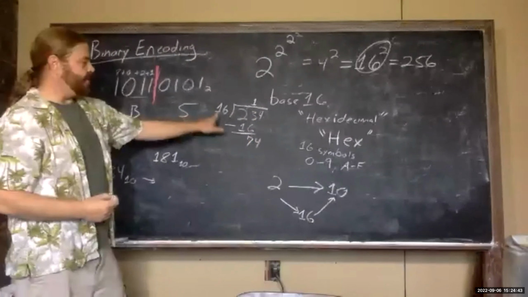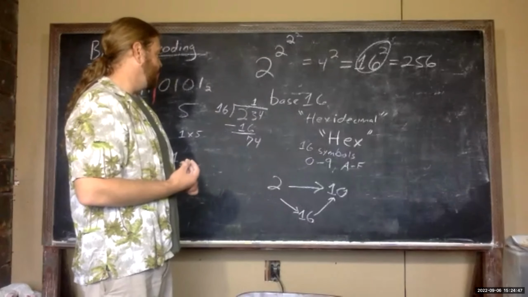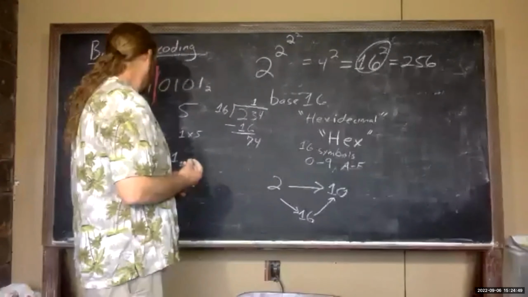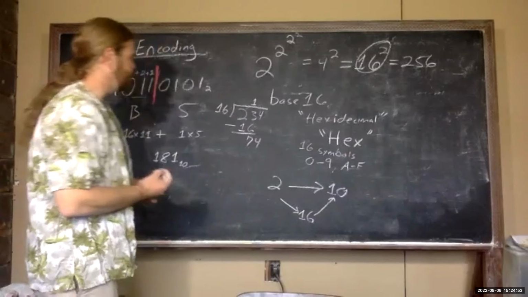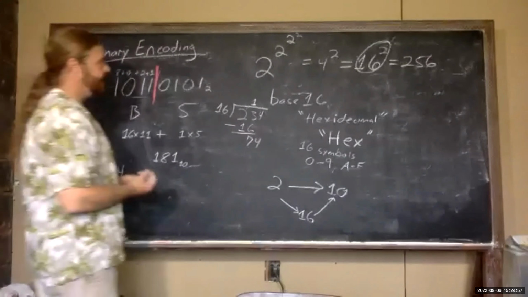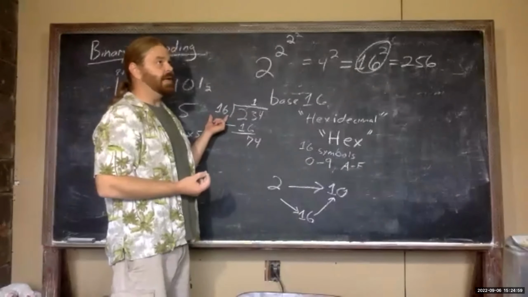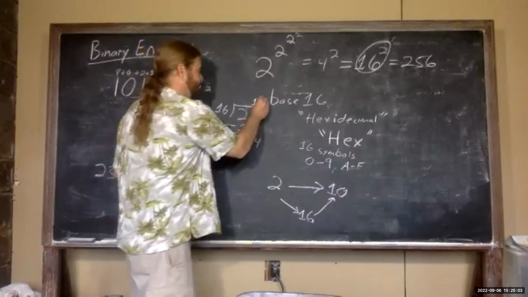And 16 will go into 74. 16 times 5 is 80. So that would be too big.